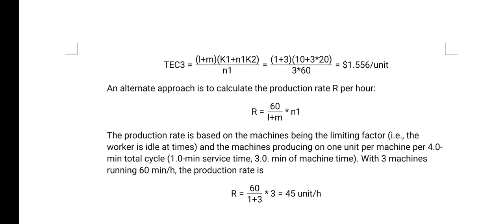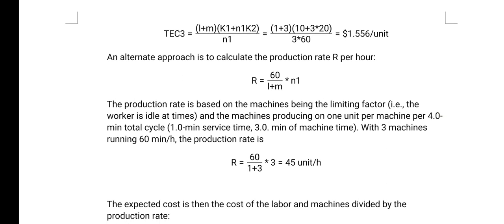With the formula, as you can see, (I + N1) is the service worker plus the automatic machine, times K1, plus N1 times K2, per N1. So we get it costs 1.556 per unit.